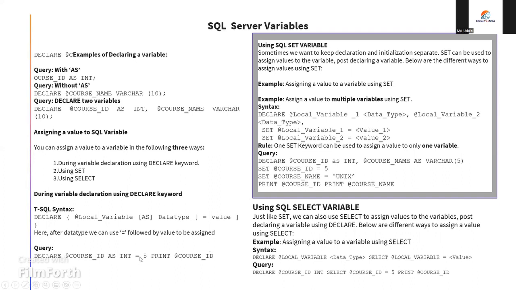If I'm using varchar, I need to provide that kind of value. I cannot provide 5. If I'm using string, I have to provide a string value. If I'm using character, I have to provide a character. And then print the name of the variable, which will be student name.